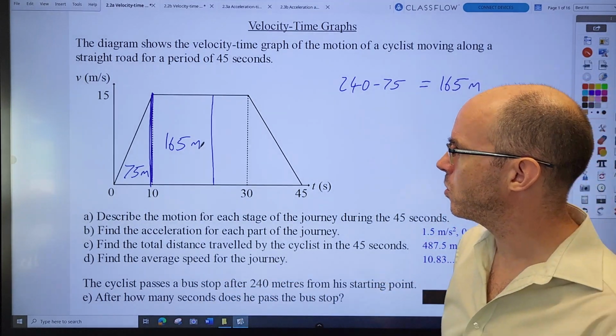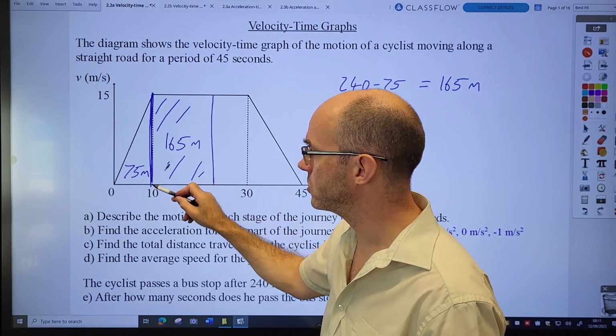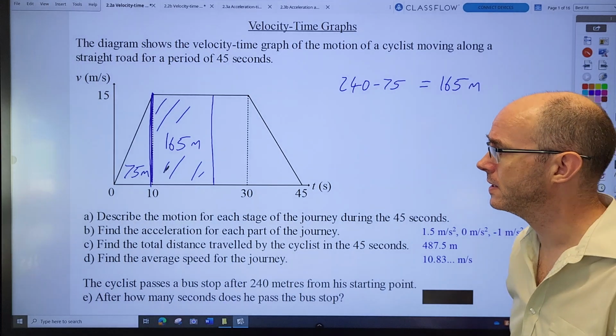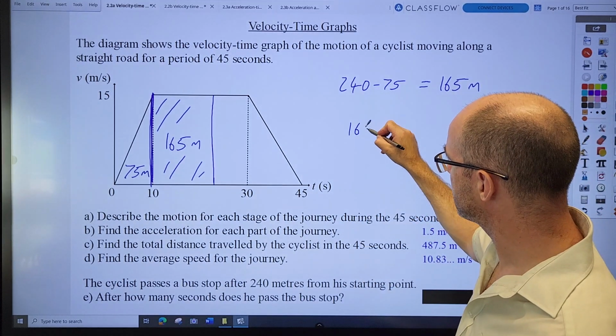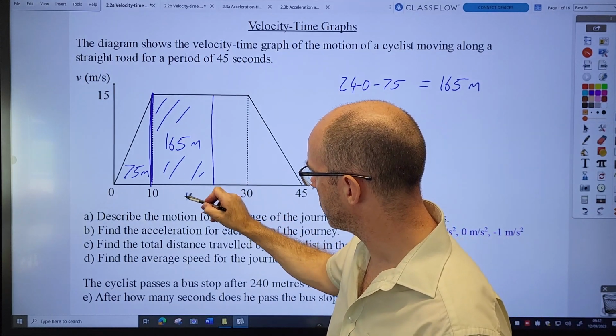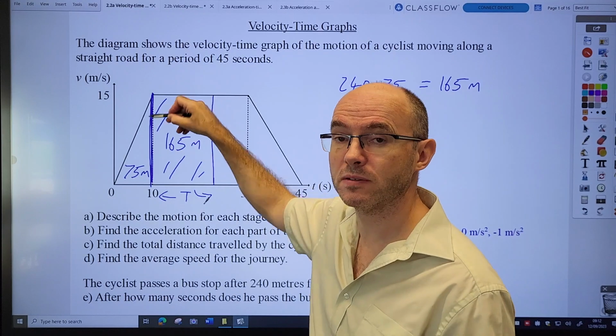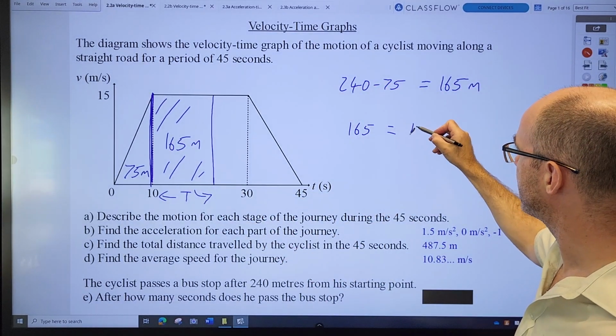What we need to do is equate this area here with the 165 metres. The 165 metres is going to be whatever time this is, I'm going to call it capital T for time, multiplied by the velocity they're travelling at, 15T.